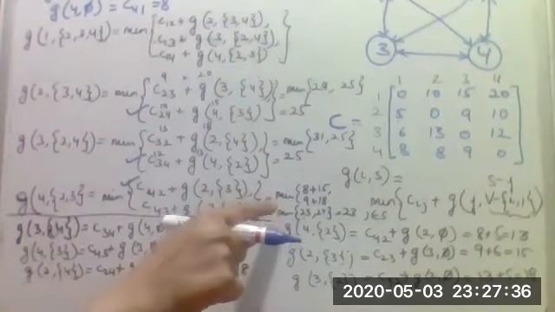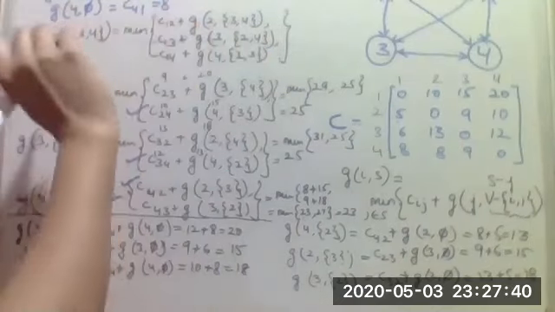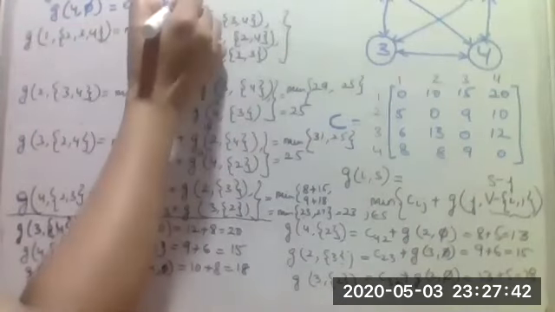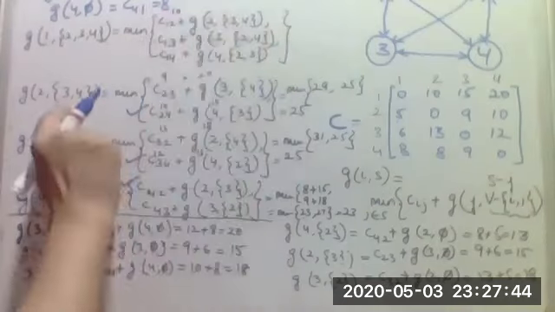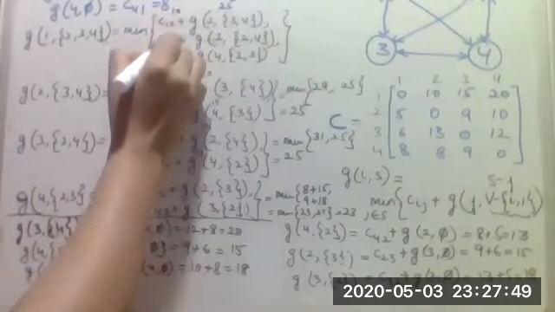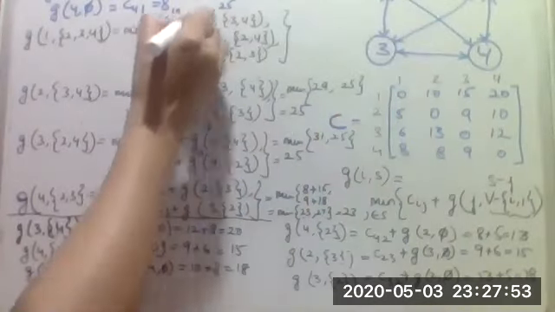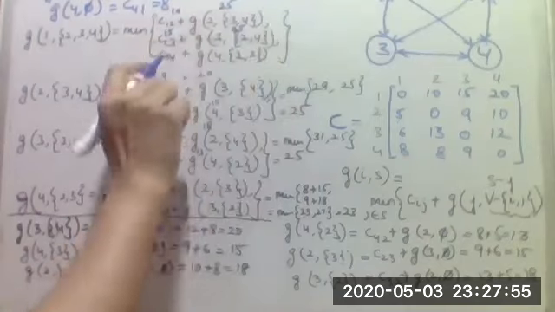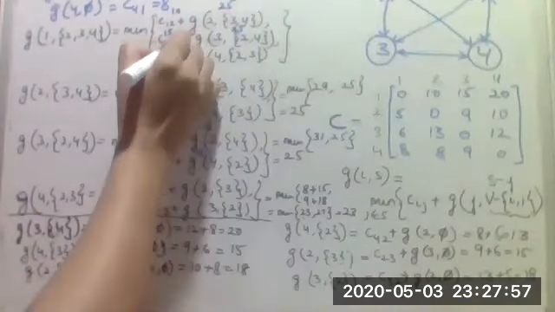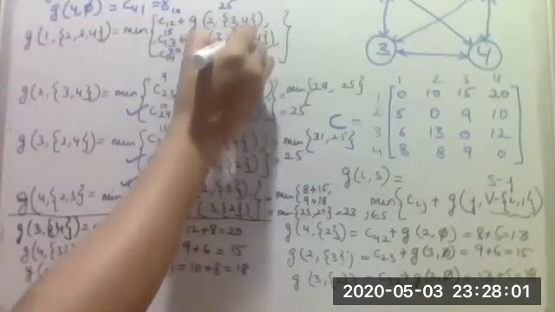Now once we have these values, we'll put back into the formula here. So C12 is 10 and this value G234 is 25, C13 is 15 and this is also 25, C14 is 20 and the last value here was 23.